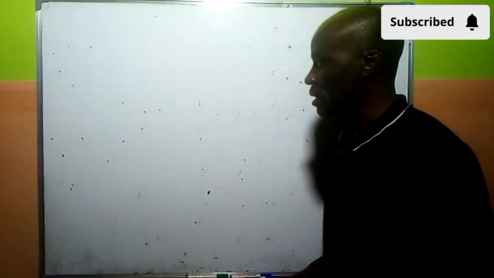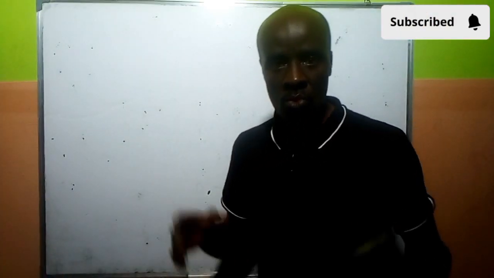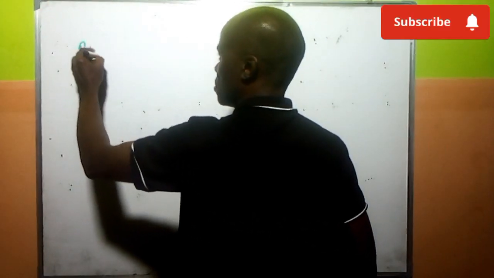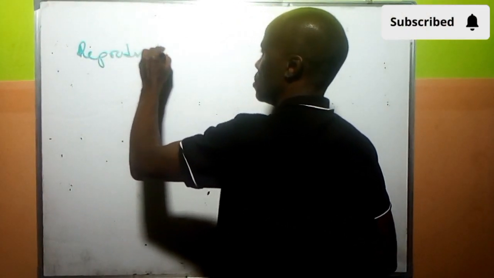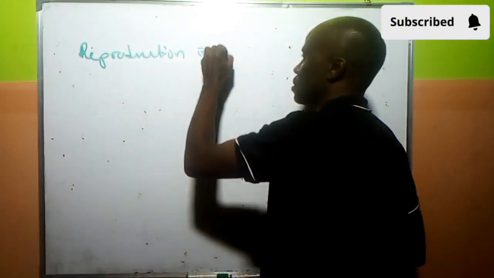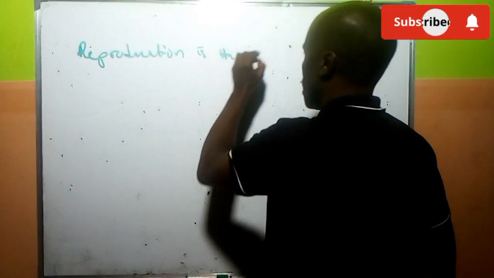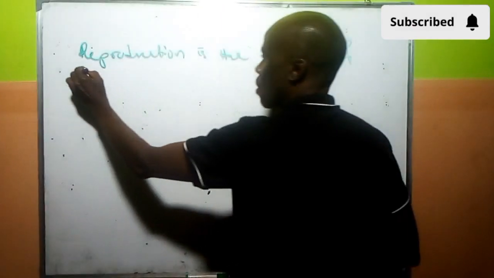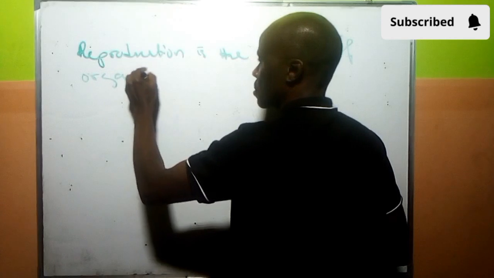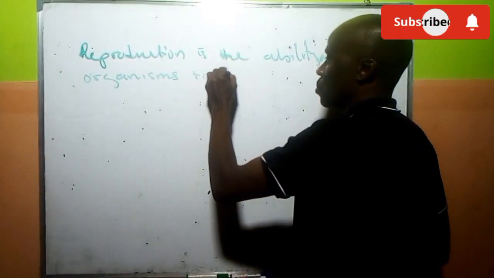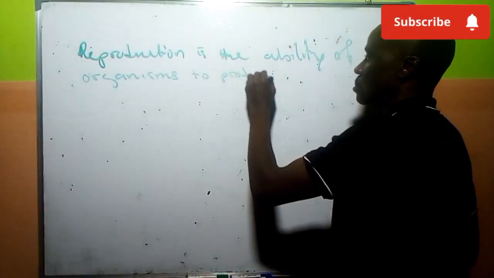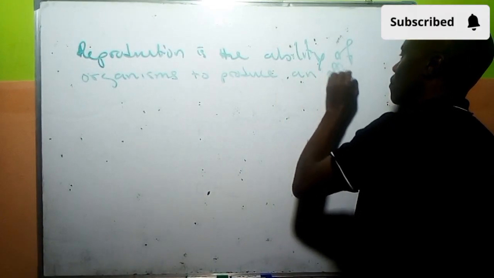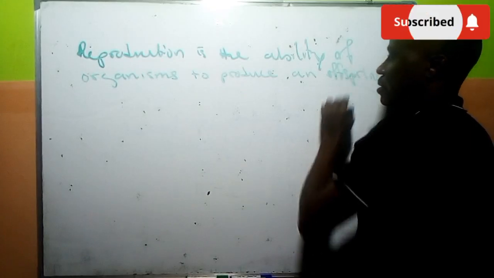So today, like I said, we're talking about reproduction. What is reproduction? Reproduction is the ability of organisms to produce offspring.